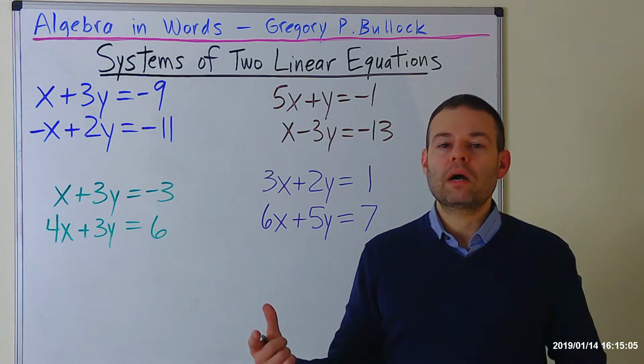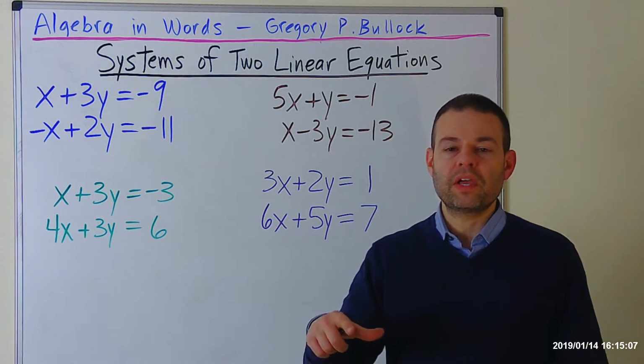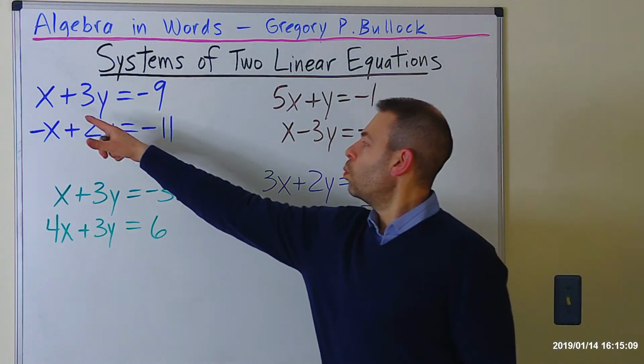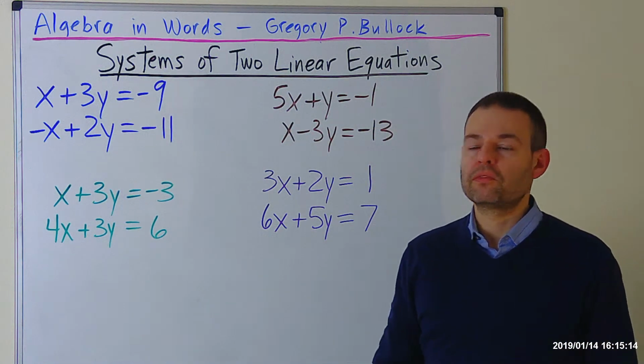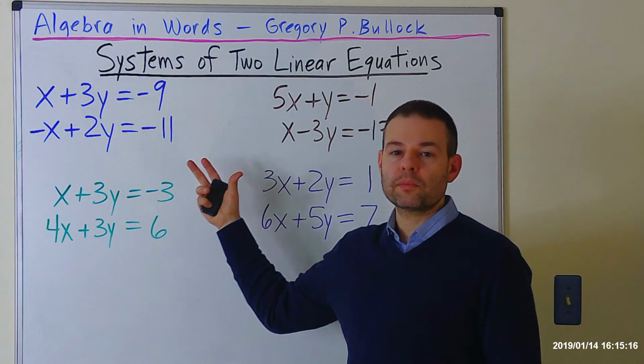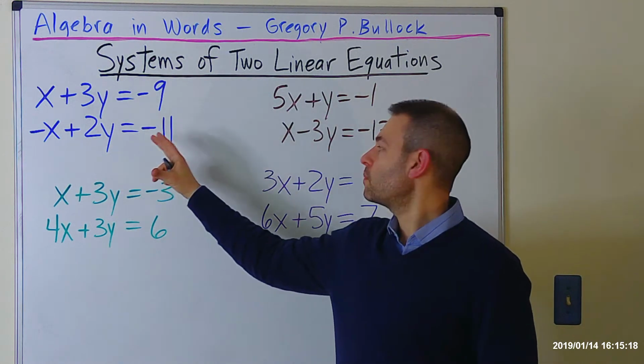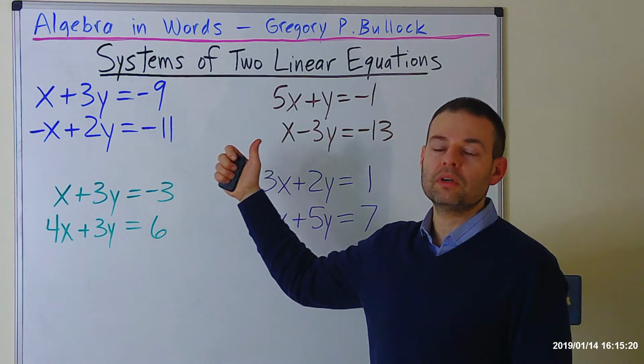If you remember where I went over the types of linear equations in a previous video, what form are these equations in right now? They're in standard form, where all the terms with the variables are on the left equal to the constant or the number on the right.